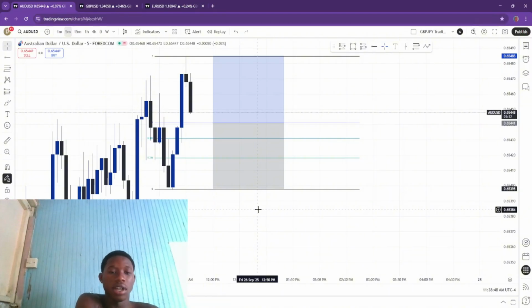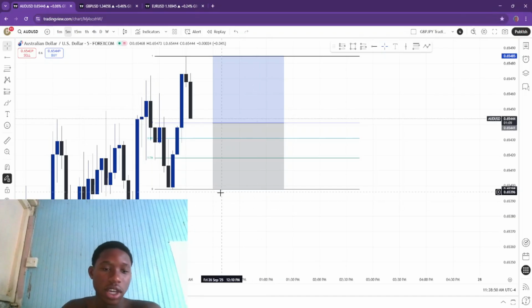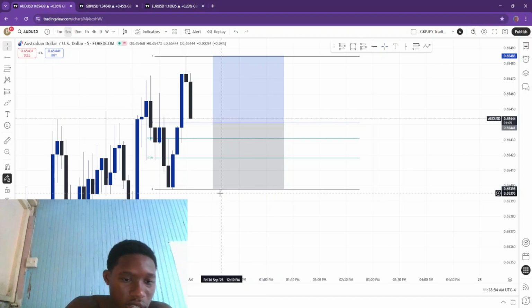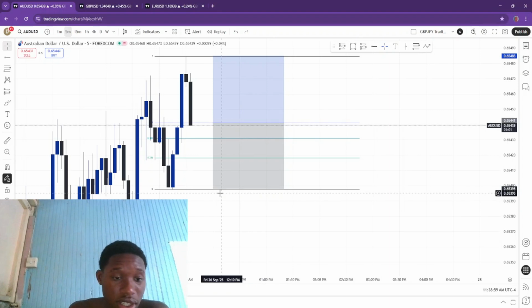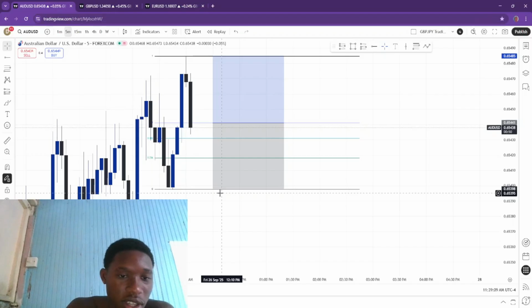So we're chilling right now, right? Okay, it enters the trade. It enters. 165,440. Right now we're in a drawdown.